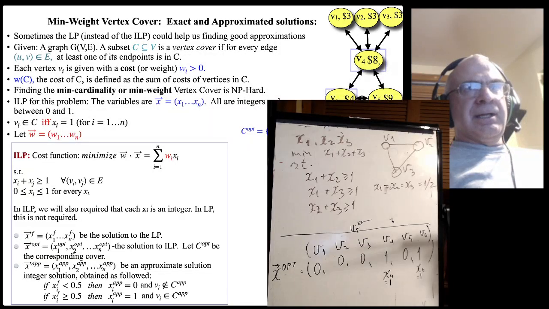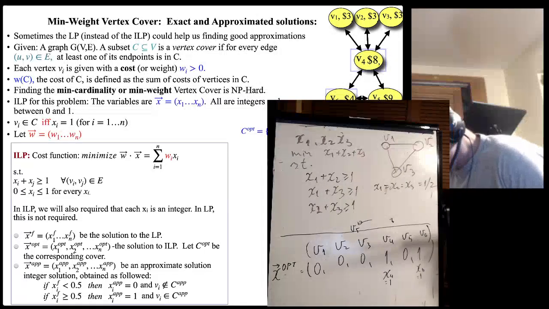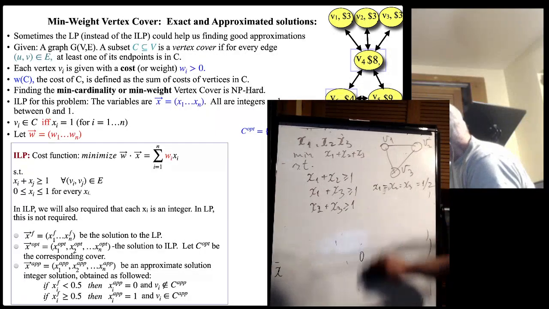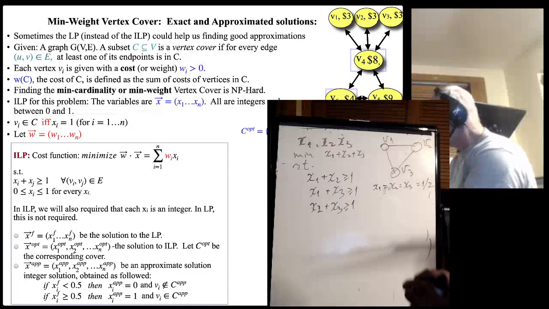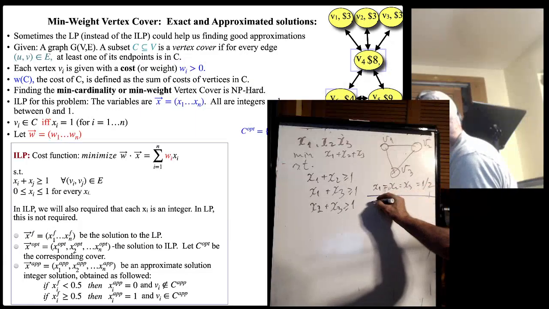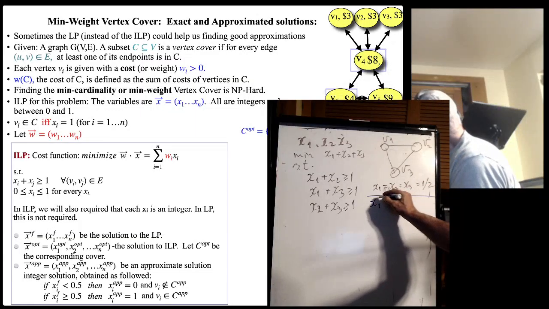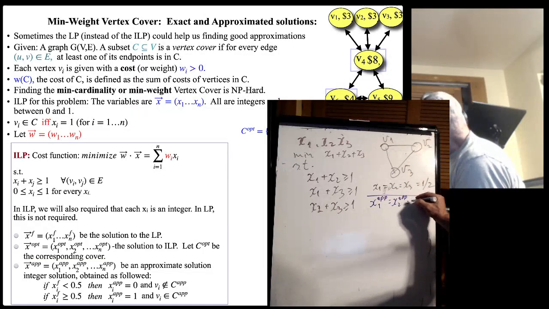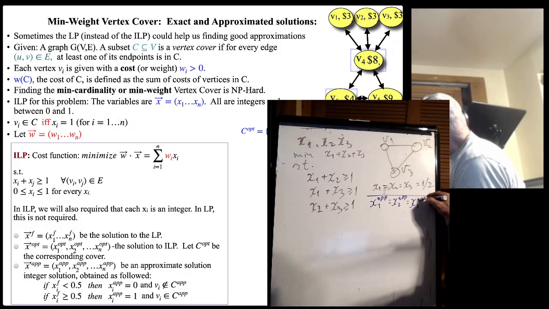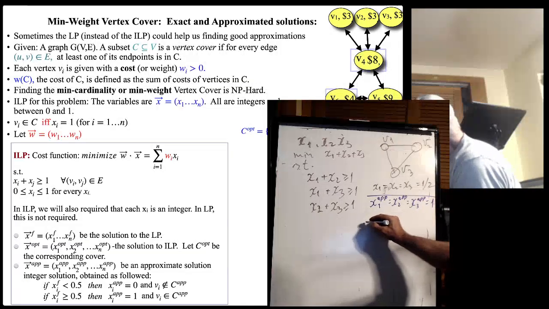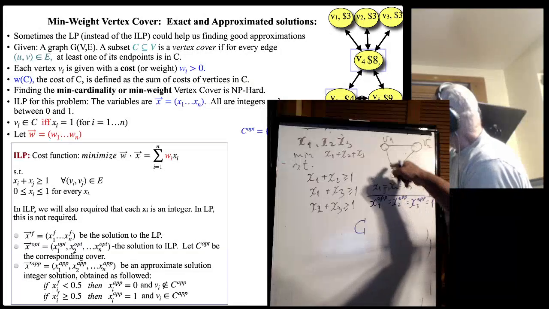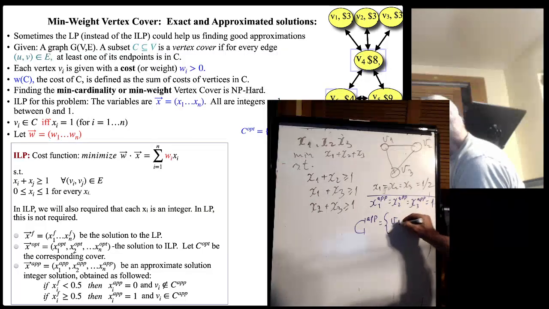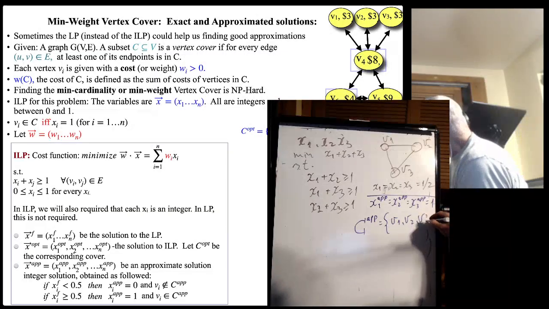So in this example that we just drew, x1 approximate equals x2 approximate equals x3 approximate equals 1, and the vertex cover that I'll generate for the approximate will be v1, v2, v3.